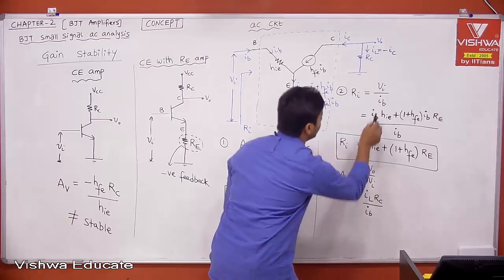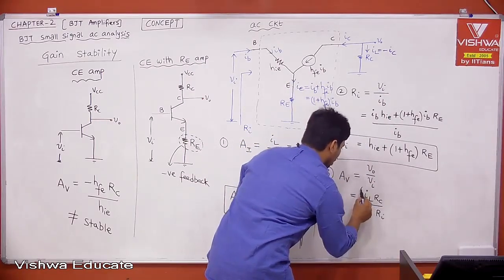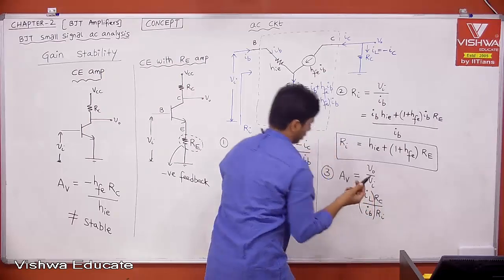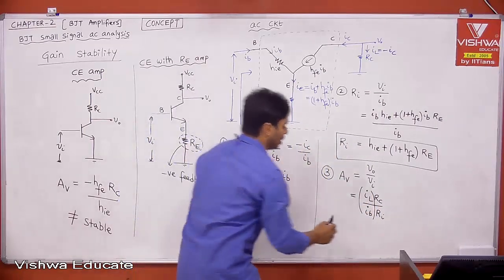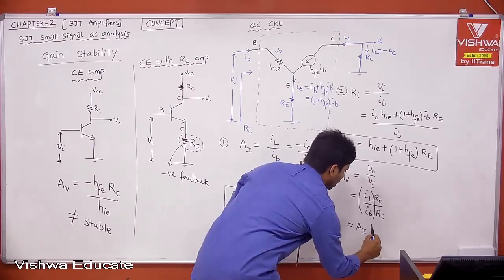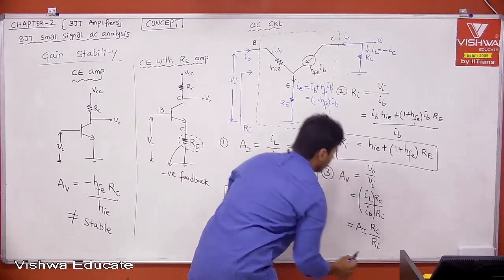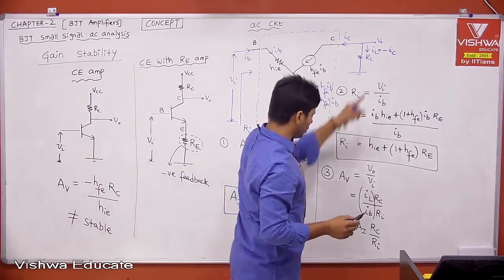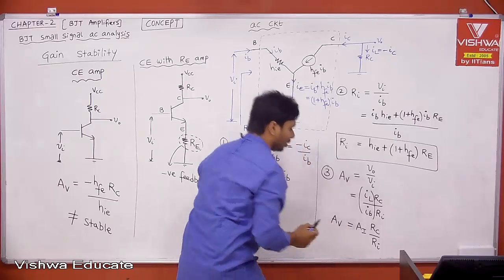Therefore IB into RI, that is VI. What is IL by IB? Current gain. Therefore, again we got the same formula: AI into RC divided by RI. Maybe instead of RC, if it is RL, you'll get RL. Anything is fine. This is your voltage gain definition, right?